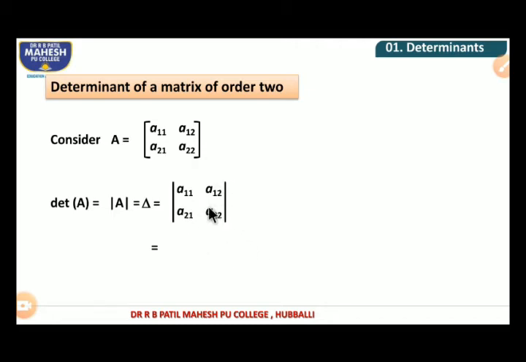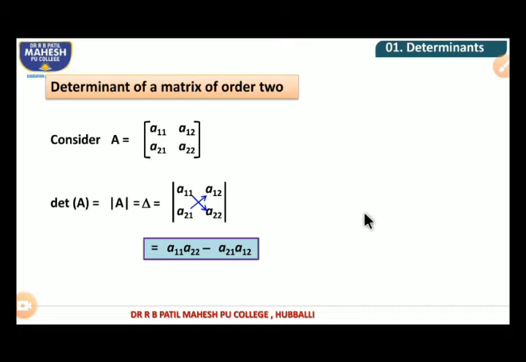Therefore, students, first we take the product of the principal diagonal elements, A11 into A22. Now we take the minus sign. This is the rule. Then we multiply these two non-diagonal elements, A21 into A12.